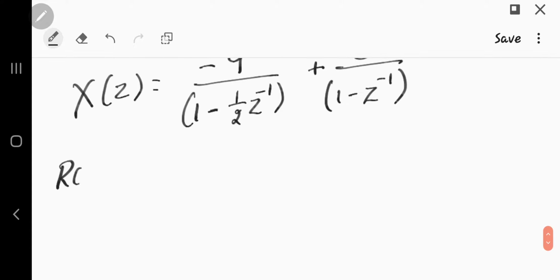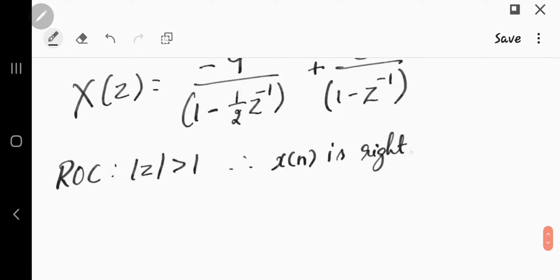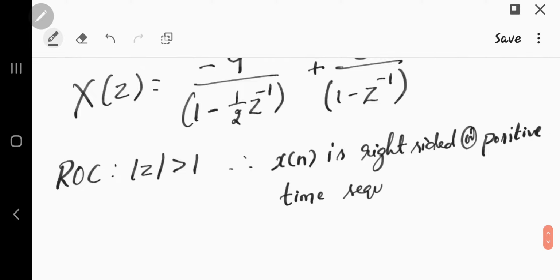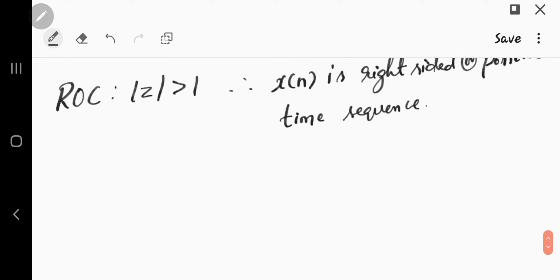If you observe, the ROC, that is |z|, is greater than 1. Therefore x of n is a right sided or positive time sequence.